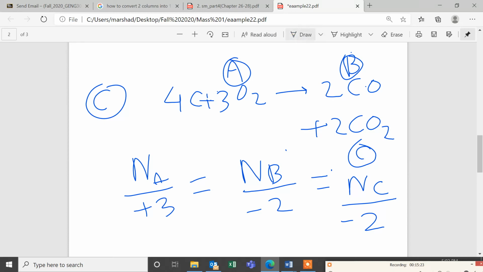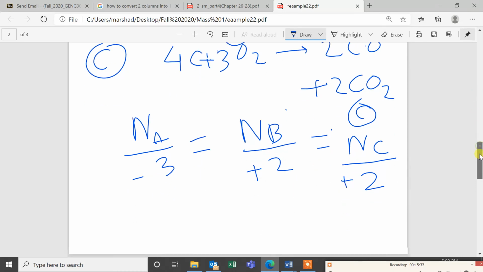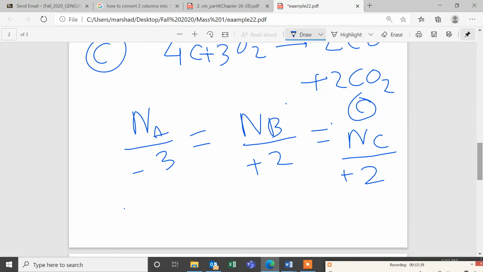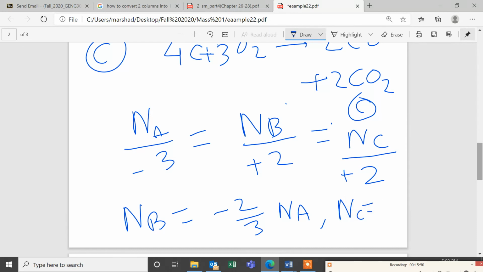Or if you say reactant in the opposite direction, we can say this is negative and this is positive. So now NB equals minus 2 over 3 NA, and NC is also minus 2 over 3 NA.